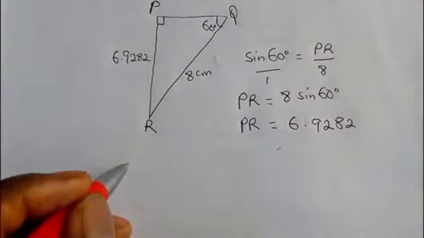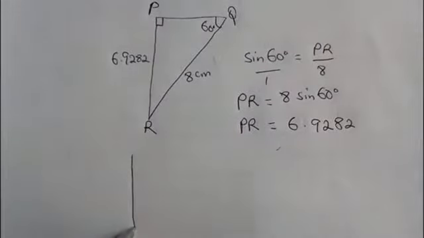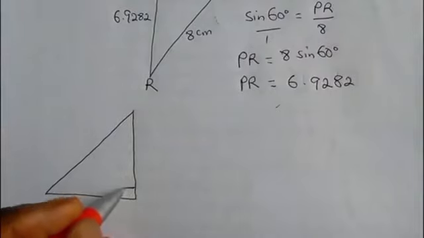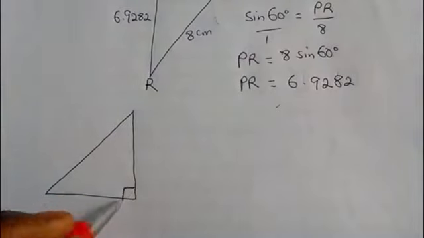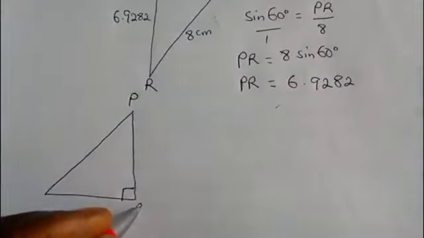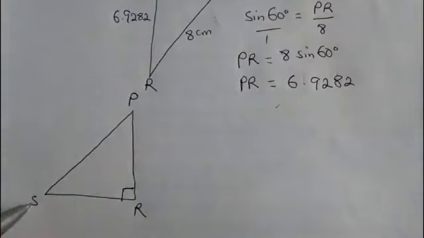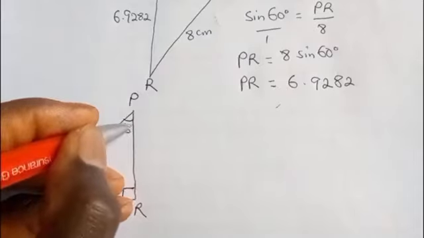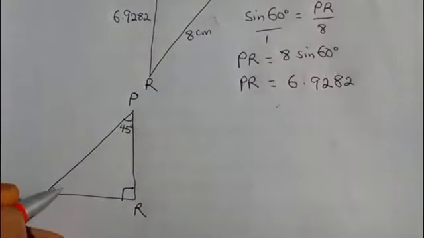So we'll bring this diagram also here. This is the second right angle triangle, where this place is P, here is R, and here is S. This is angle 45 degrees, and here too is also 45 degrees.